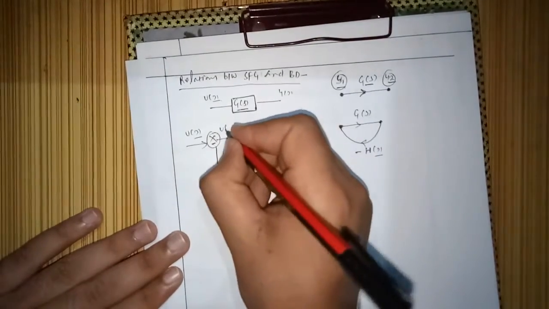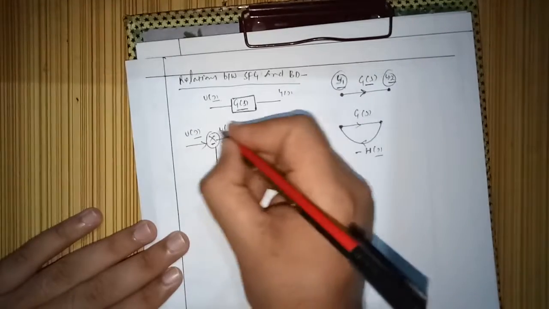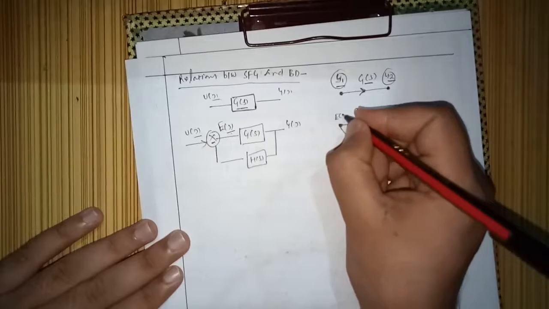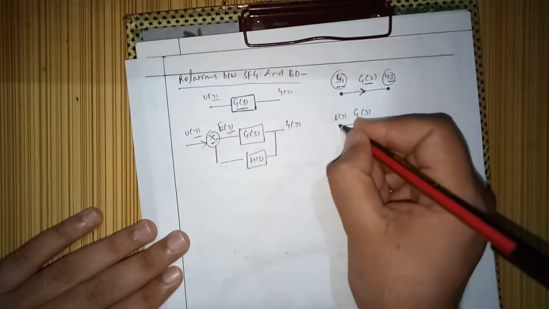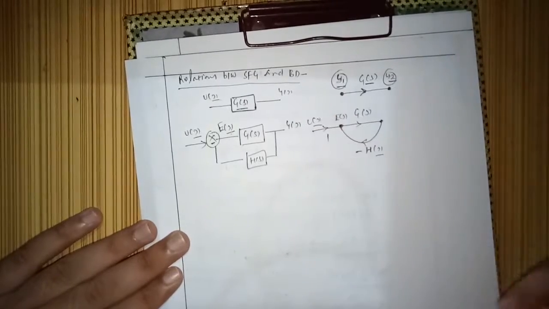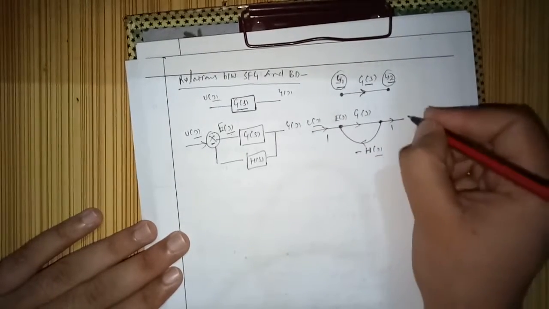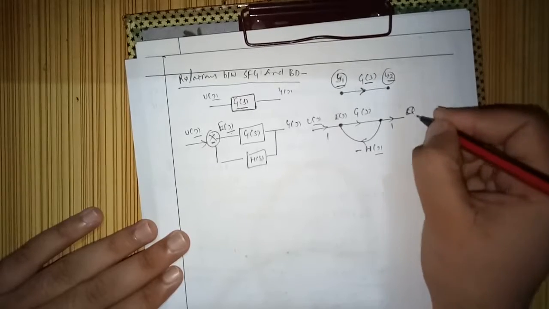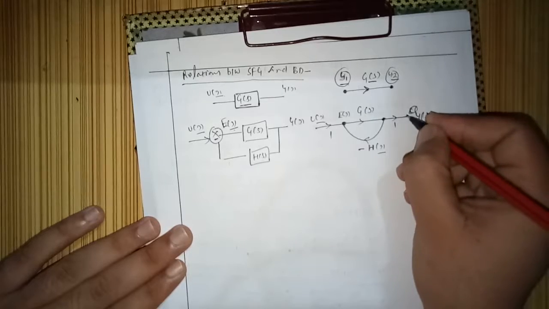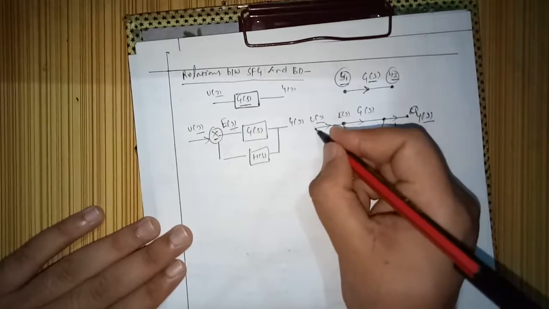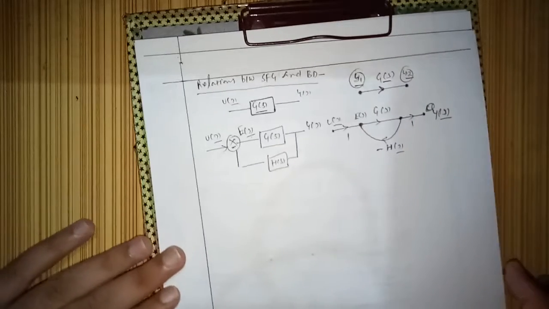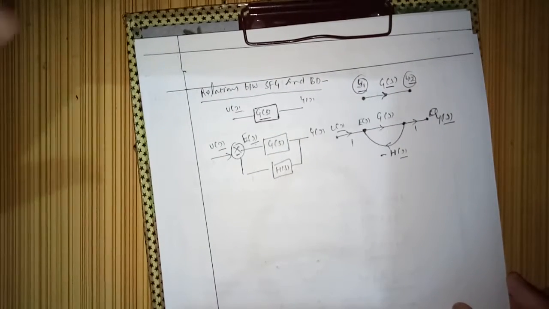And here say it is some other signal, say E(s). With unity gain I can represent U(s) like this, and with unity gain C(s) Y(s) we have taken, so I can represent it like this. So these are output node and this is input, right? We will see how to determine that now.